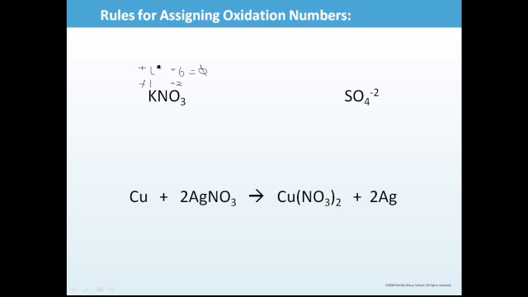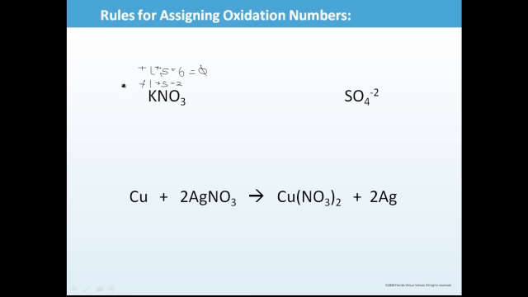So to make it 0, what I would have to do is put +5 in here. So now 1 plus 5 is 6. 6 minus 6 equals 0. Now there's only 1 nitrogen, so of course 5 divided by 1 is still 5. So the oxidation state of the nitrogen would be +5.